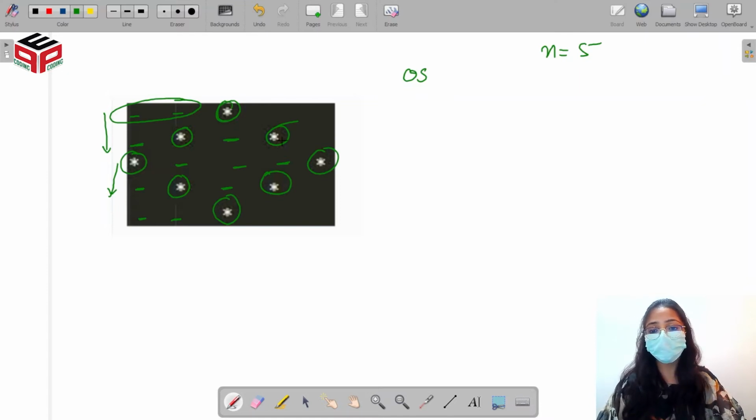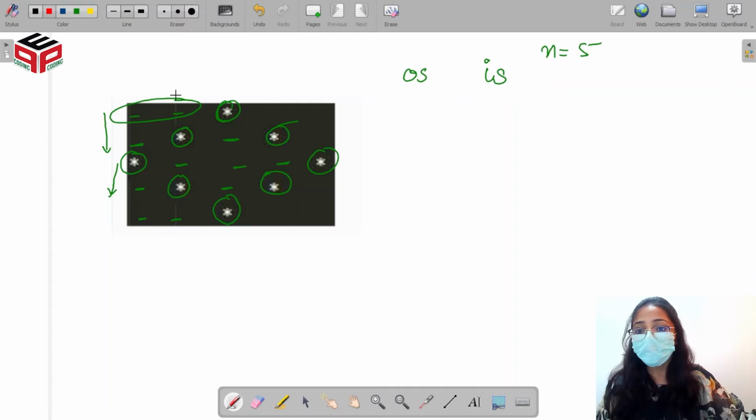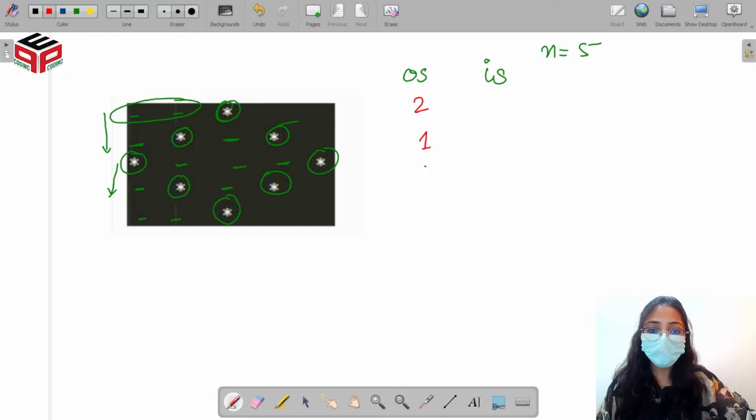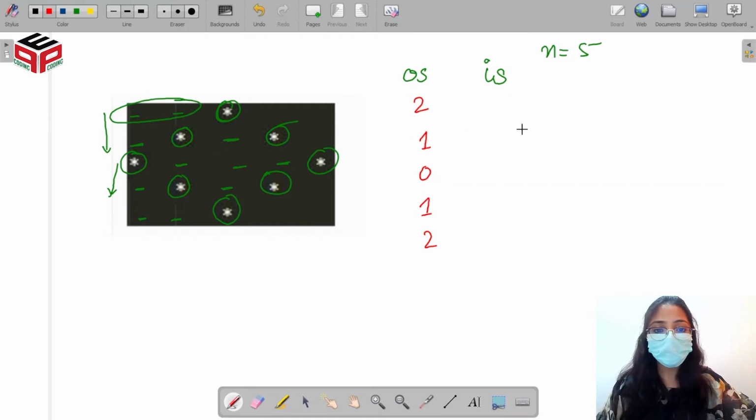So I have two things, outer space and inner space. For outer spaces, first it was 2, then 1, then 0, then 1 and then 2 again. Inner spaces in the first row were 1, then became 3, then 1 again.